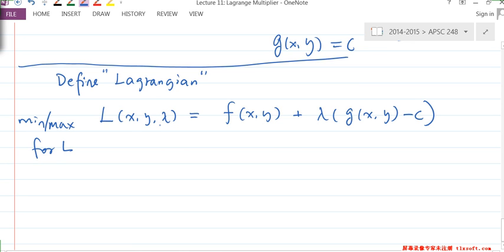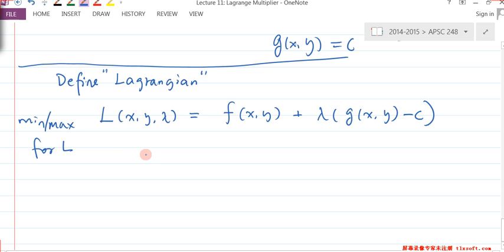Because if I'm looking for min and max for the L, what would I do? Given this one, what would be the first step to find the min and max? First derivative test. First derivative test meaning what? Find the critical point. In mathematical terms, what do you do?